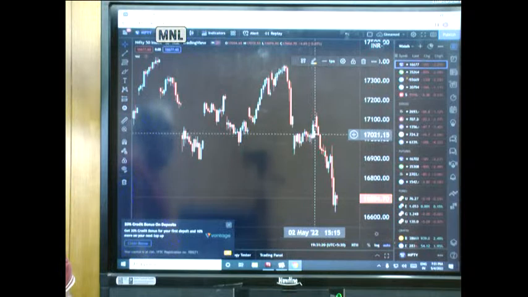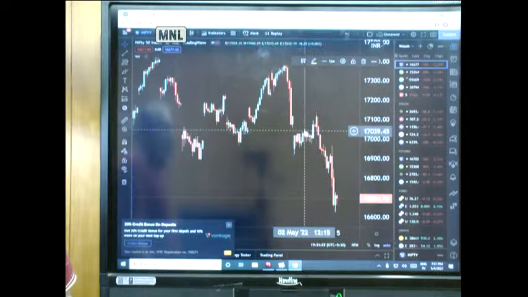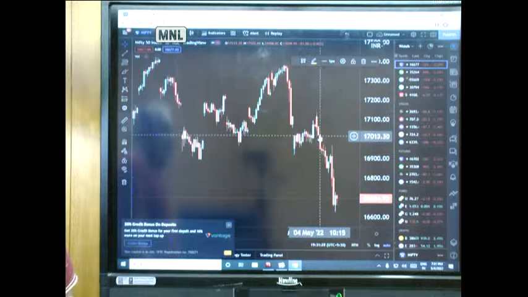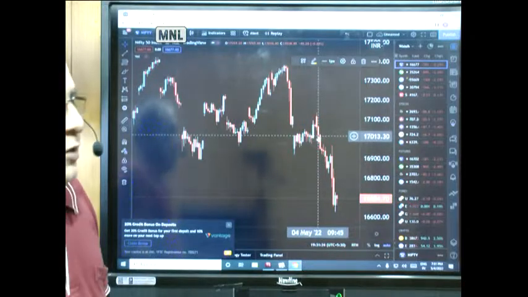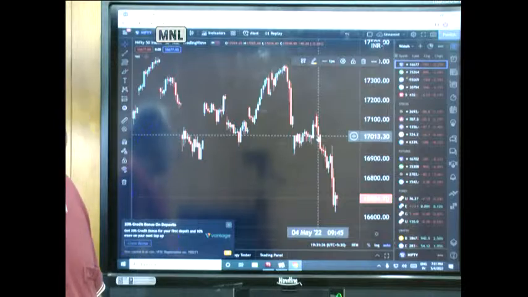So once it started to cut this particular low, which is 17,016, any trade that we entered in this place, we should be out of the trade. So either you keep 2 bars or you keep 3 bars, whichever is comfortable.